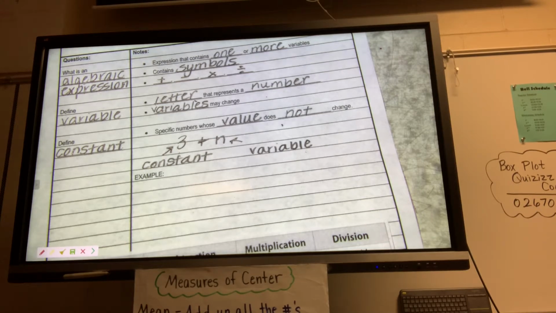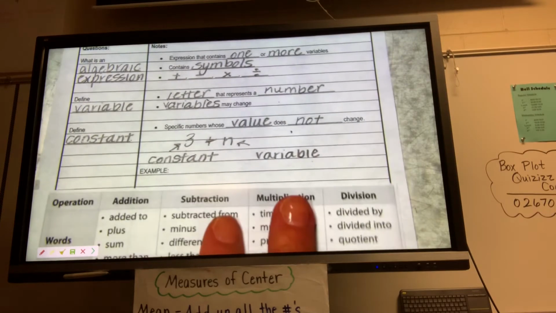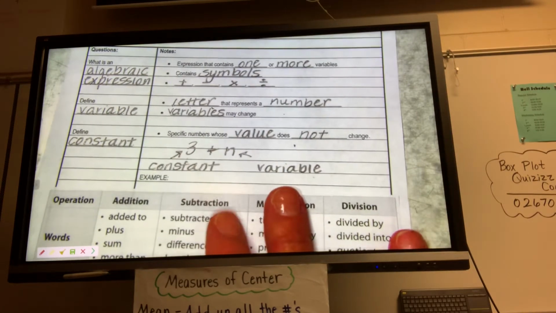We're going to glue this chart onto the paper.